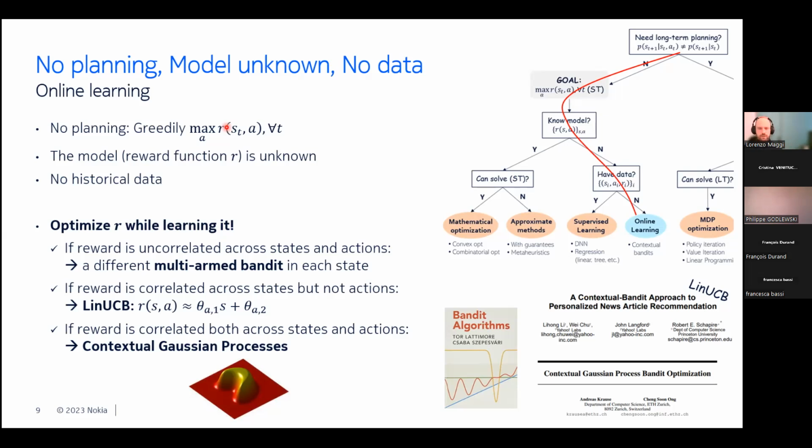In each state, you have several arms, which are the actions that you can take. Each arm is associated with an unknown reward. So what you have to do is sample each arm enough times to estimate the expected value of this reward.